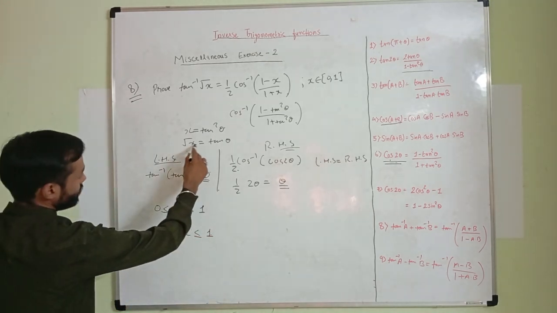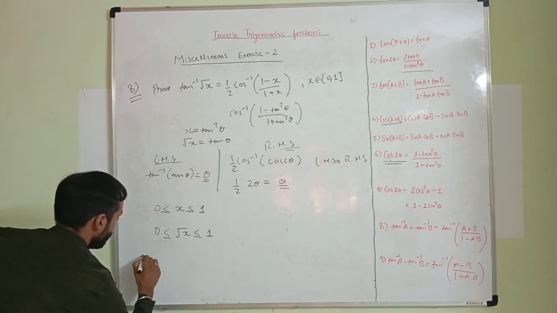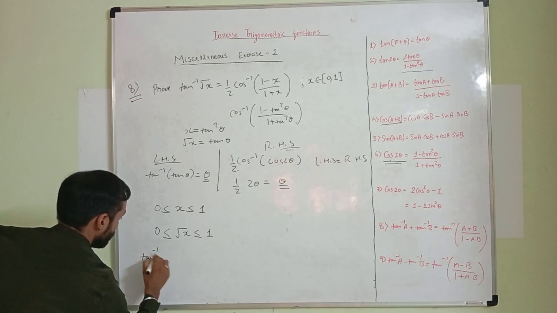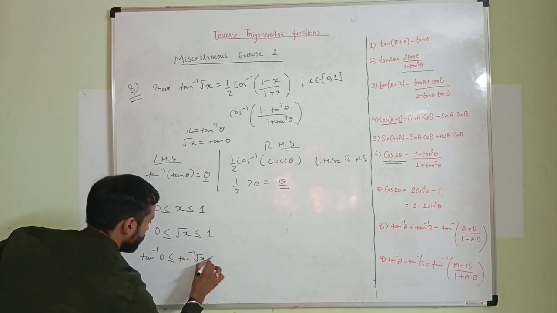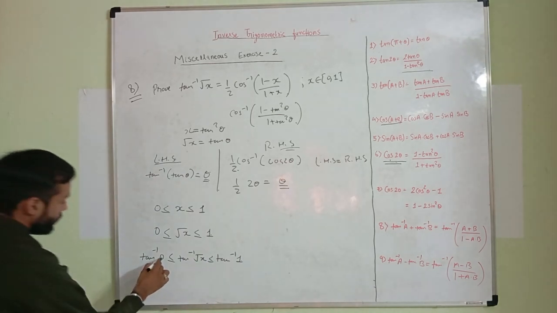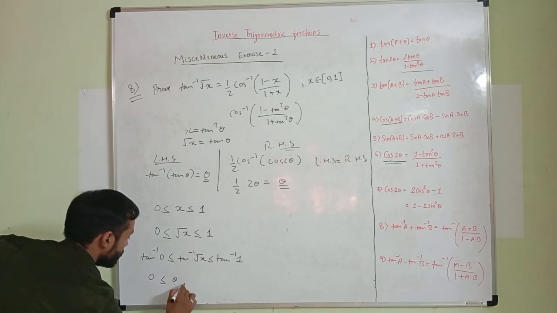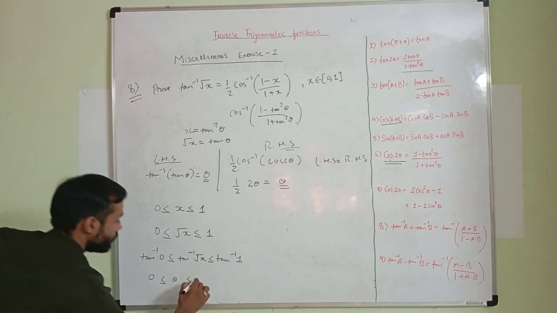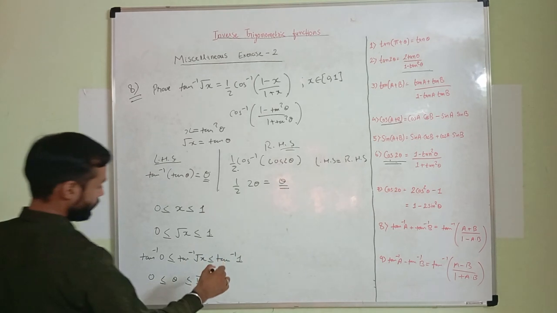In place of root x equals tan theta, tan inverse of root x will be, suppose here tan inverse 0, and tan inverse of root x is less than or equal to tan inverse of 1. Now tan inverse 0 will be 0. In place of tan inverse root x we are placing theta, and tan inverse 1 will be pi by 4. So this theta belongs to 0 to pi by 4.